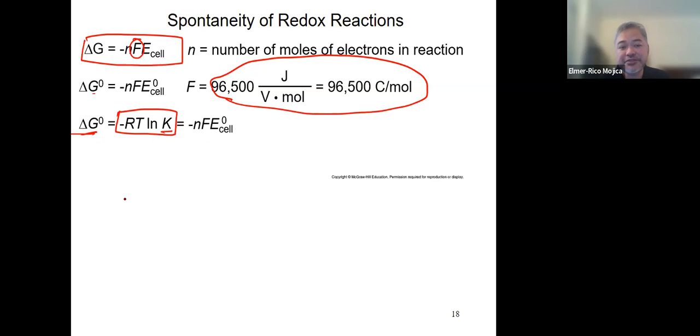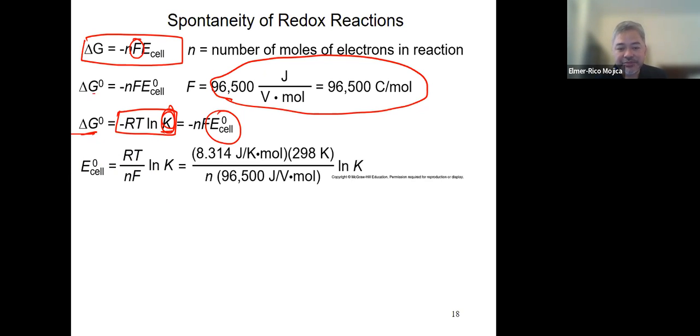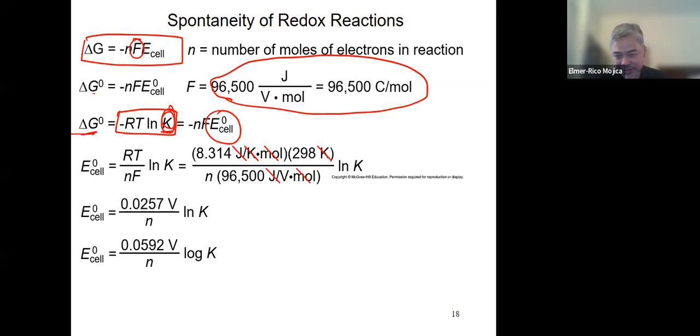What we're going to do now is relate the K with the cell potential. Rearranging them, you end up with this: the standard cell potential is equal to RT over NF times ln of K. You can either memorize it in terms of this or this. That's the thing that you need to know.